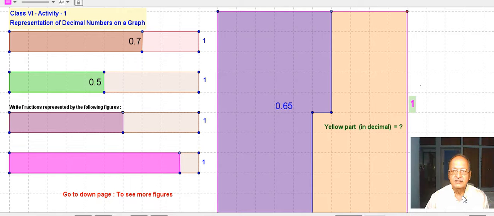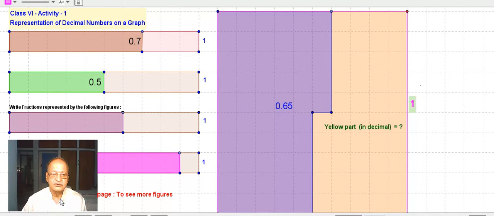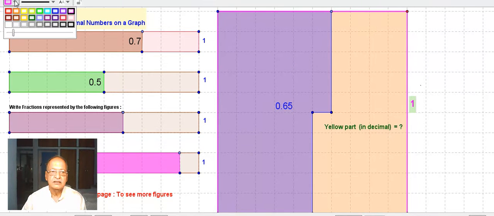This we are taking. This is 2 decimal places. For 2 decimal places we take a graph paper 10 units in length and 10 units in width. Out of this we have shaded this portion.